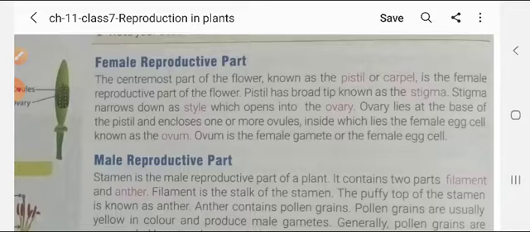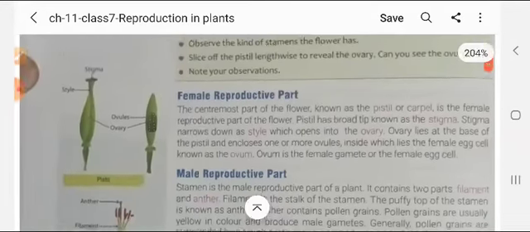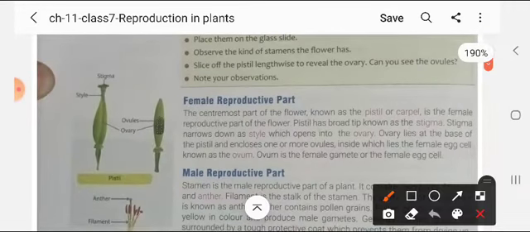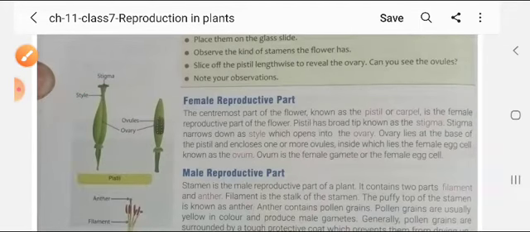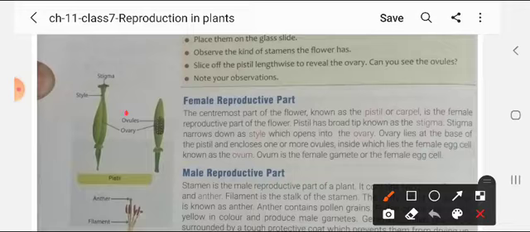Pistil has a broad tip known as the stigma. The upper part of the pistil is broad, and this is known as the stigma. The next, the middle narrower part, students, is known as the style, and the lower basal end is called the ovary.